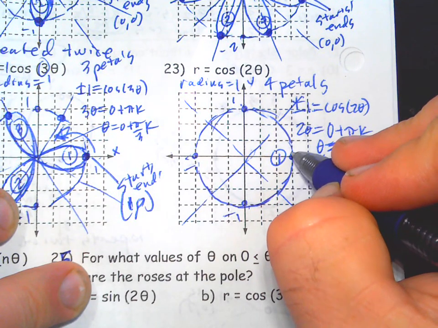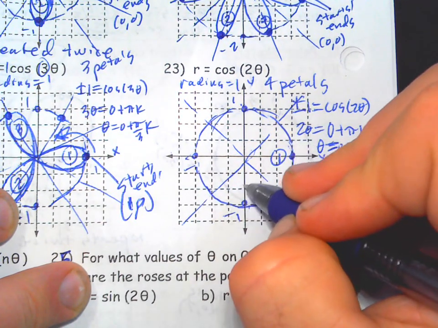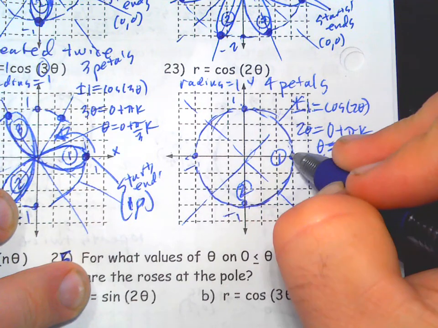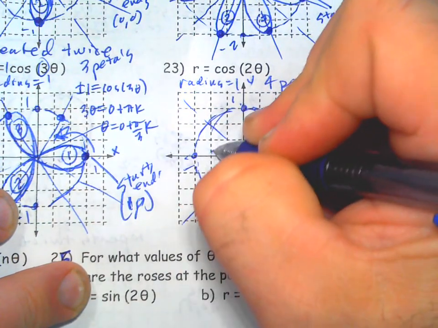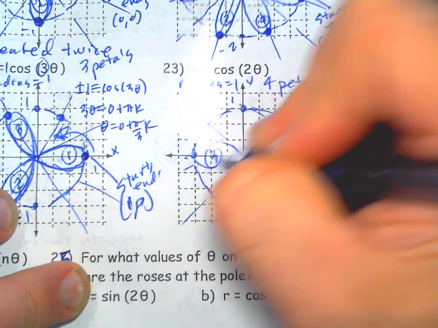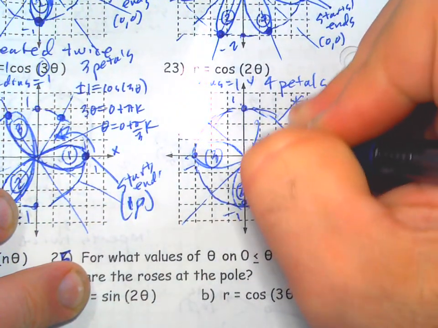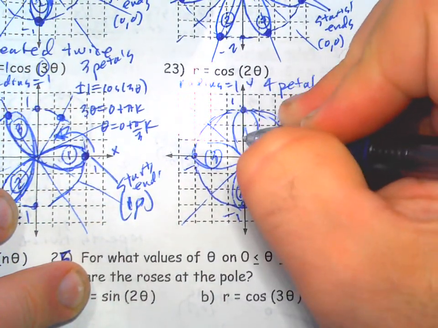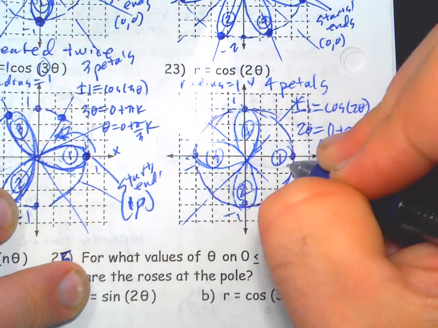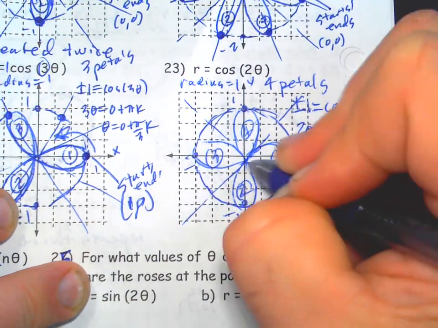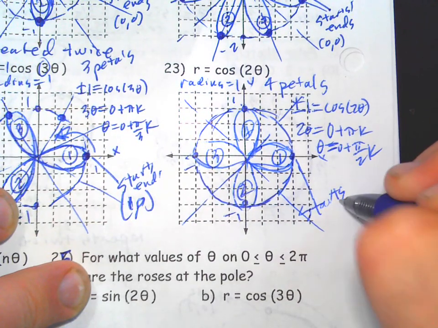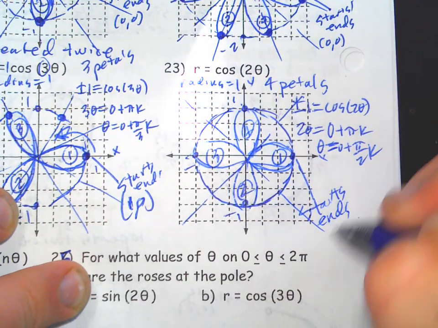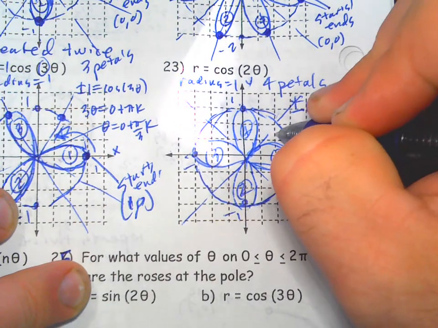And it goes like this, and then it goes into the second petal down here smoothly. Nice. And then it goes into the third one over here. And then it goes into the fourth one at the top. And then it actually finishes the first one. So it starts and ends at 1, 0. Direction is that way.